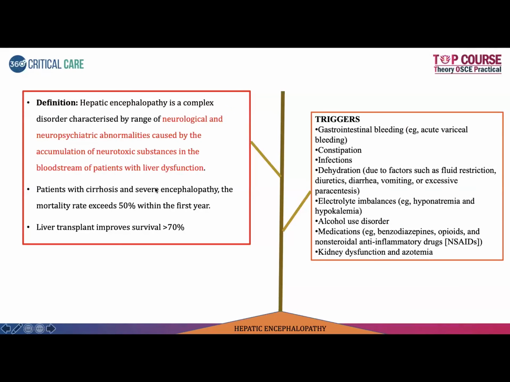When should you suspect secondary bacterial peritonitis? For example, you have done an ascitic tapping and the cell counts are more than 10,000. That is very high, a very high ascitic neutrophil count, and your gram stain shows multiple organisms, or a culture report shows polymicrobial growth. That denotes there is some perforation in the gut.